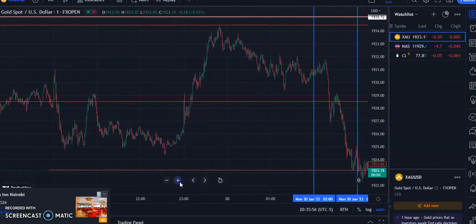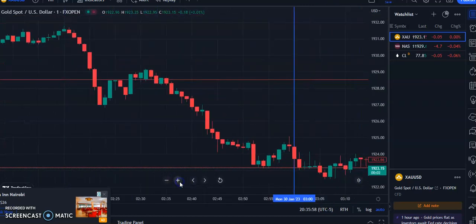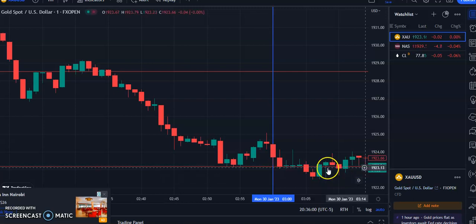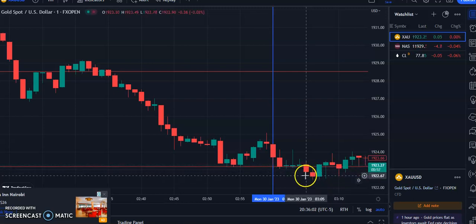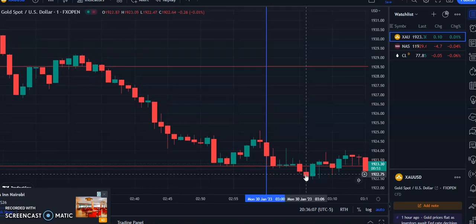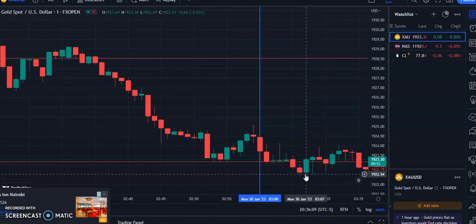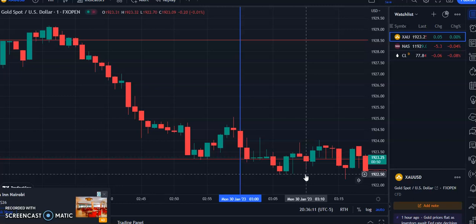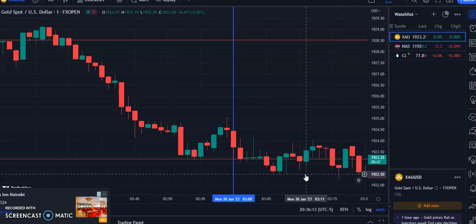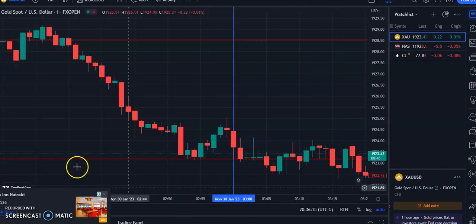Now, the second hour comes down, pins the low of the day, the new low of the session. But there is no clear break of structure, as you can see. In fact, as this market was forming, it was just pinning up and down.